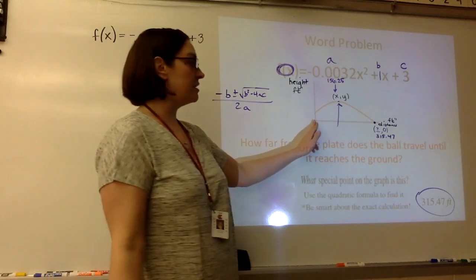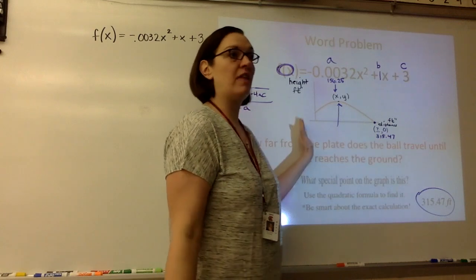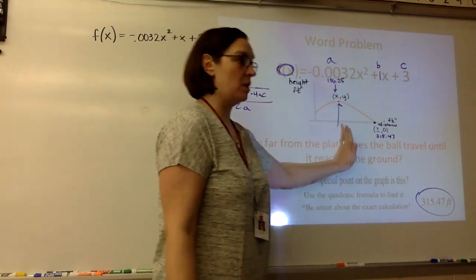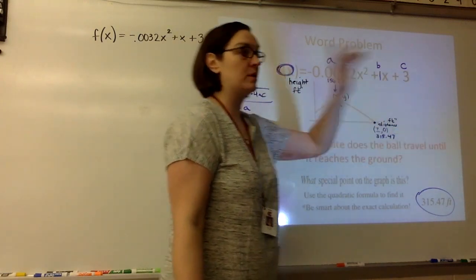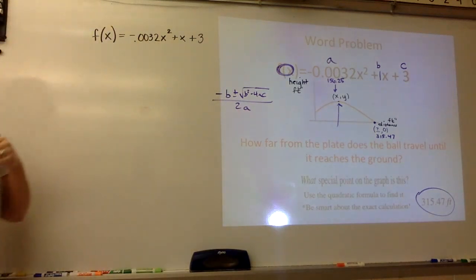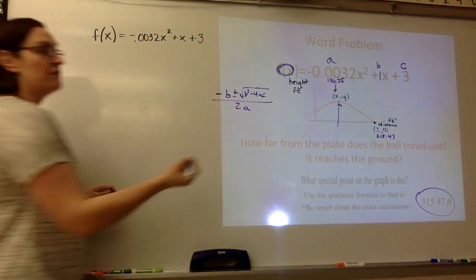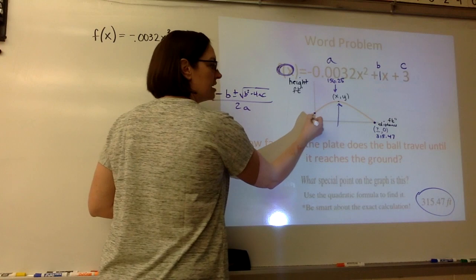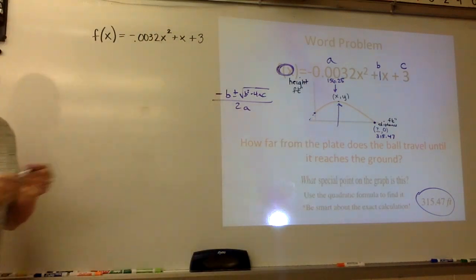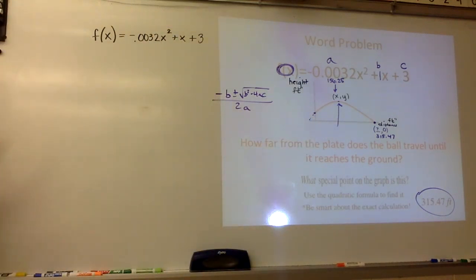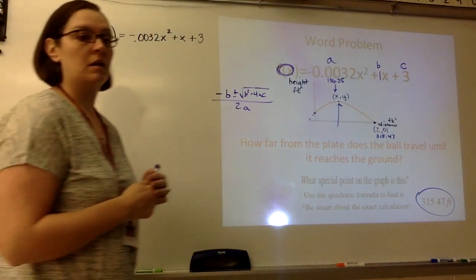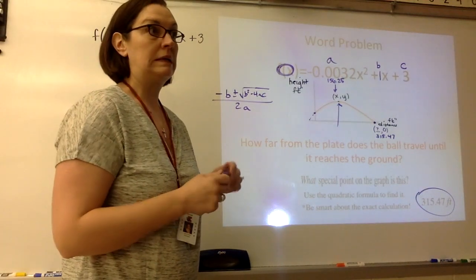If it started at 0, 0 and came up and down, then I would have that mirror image, where to the middle would be halfway, and then to the end you could just add to itself. But I don't have that here. And that comes from the fact that this started at 3 feet, and actually my other intercept is to the left of the origin. Yes?